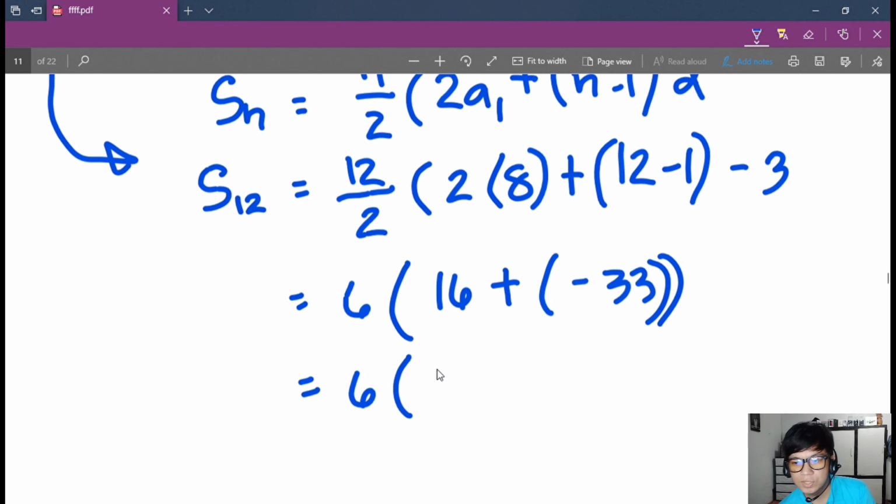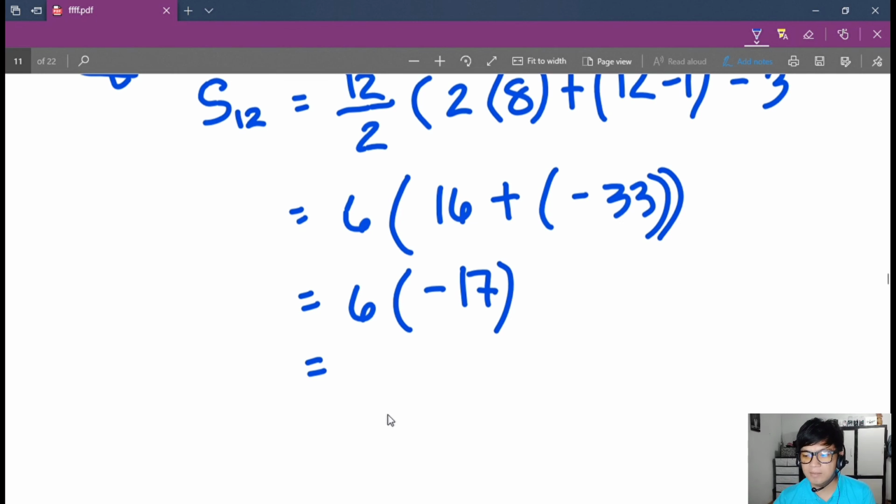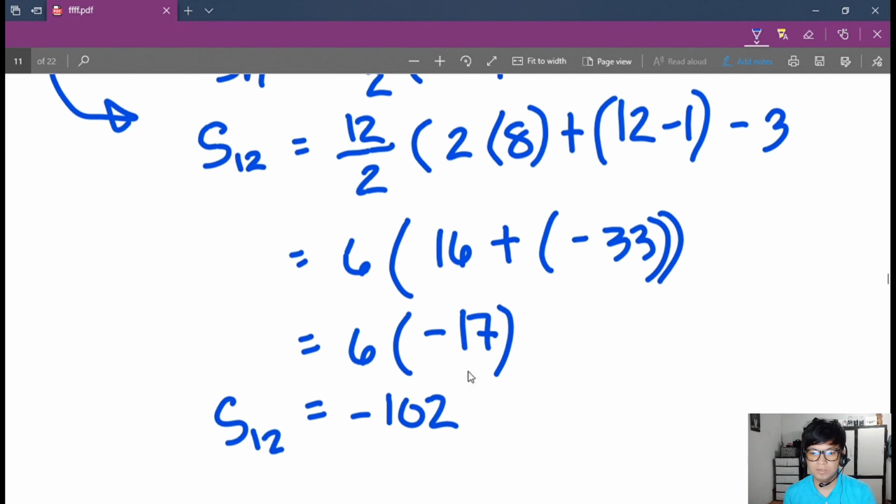That is negative 17. So, negative 17 times 6. That is negative 102. So, this is the sum of the first 12 terms. So, ito yung sagot sa number 1.